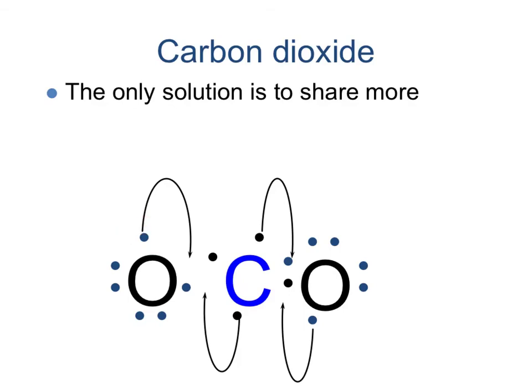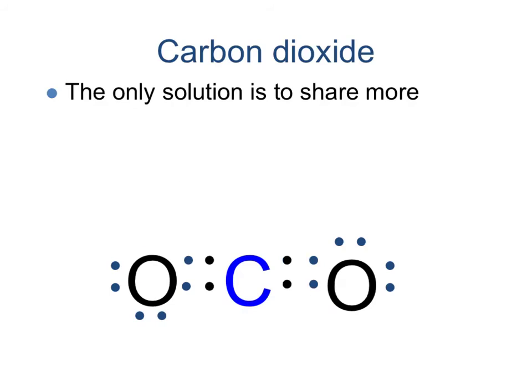Here's that electron around oxygen that isn't paired, and that other electron around oxygen that isn't paired. We can bring those in and just share again. So now, instead of having 1 pair of electrons being shared, we have 2 pairs of electrons being shared. And remember, any of those that are being shared, we can count for both atoms.